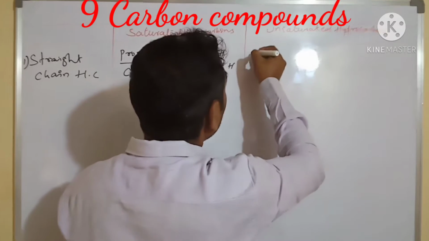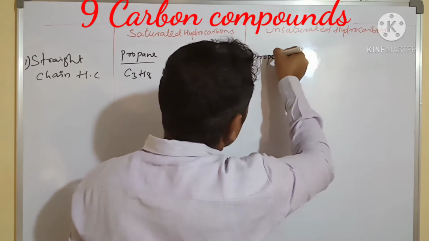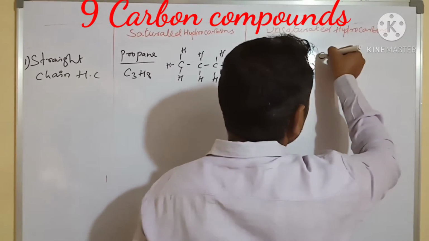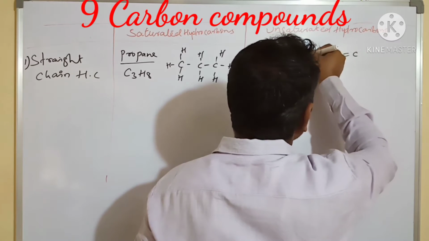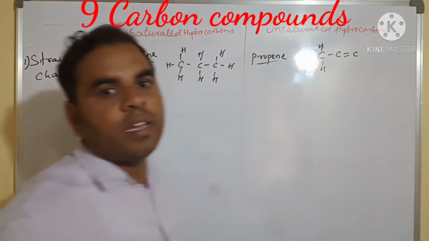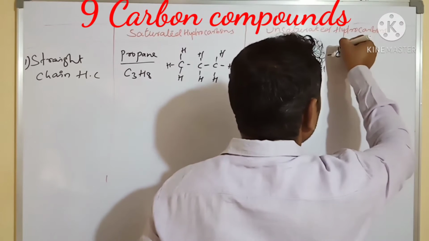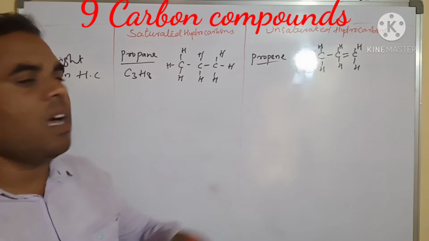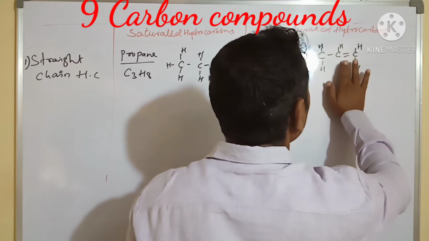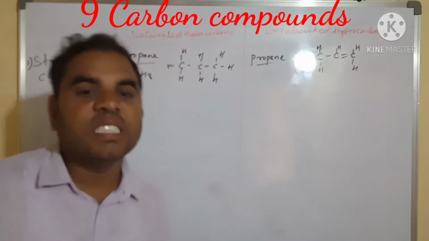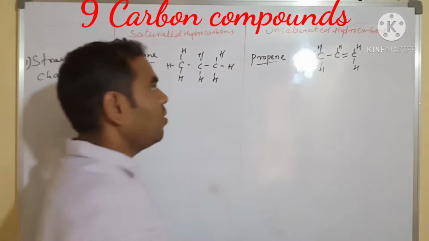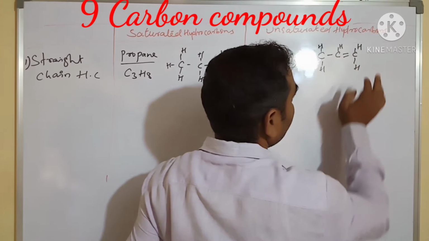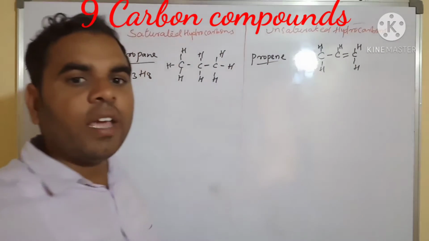First we learn propene. Here it is C double bond C, and each carbon has to be satisfied with tetravalency. Each carbon has 4 valence, 1, 2, 3, 4, and here also 2 plus 2, 4. This is how we write propene.